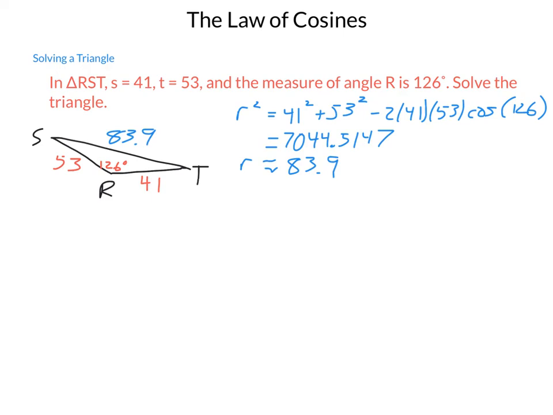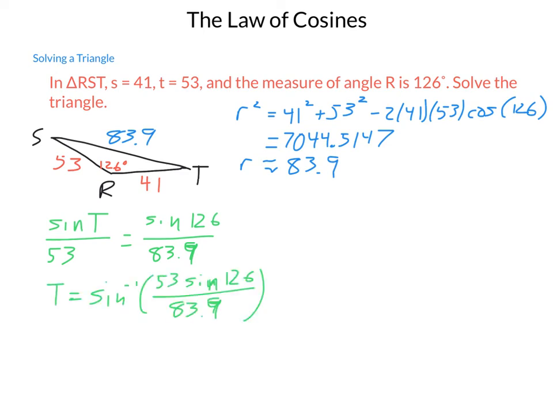So setting up my law of sines, I end up here with the sine of T over 53 equals the sine of 126 over my 83.9 that I just solved for R. Now solving this for T, I move here where T equals the arc sine of 53, because I multiplied that up, times the sine of 126, all divided by 83.9.